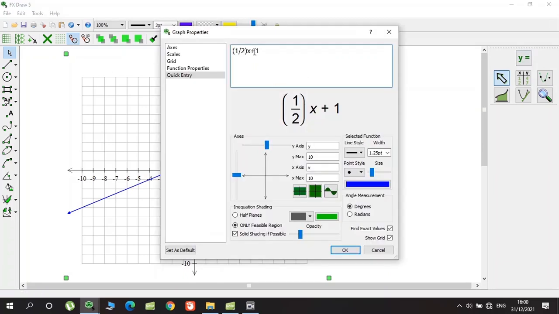Let's write another one. I'm going to keep 1 over 2x the same, so I'm going to copy this one with control. It's 1 over 2x minus 3.